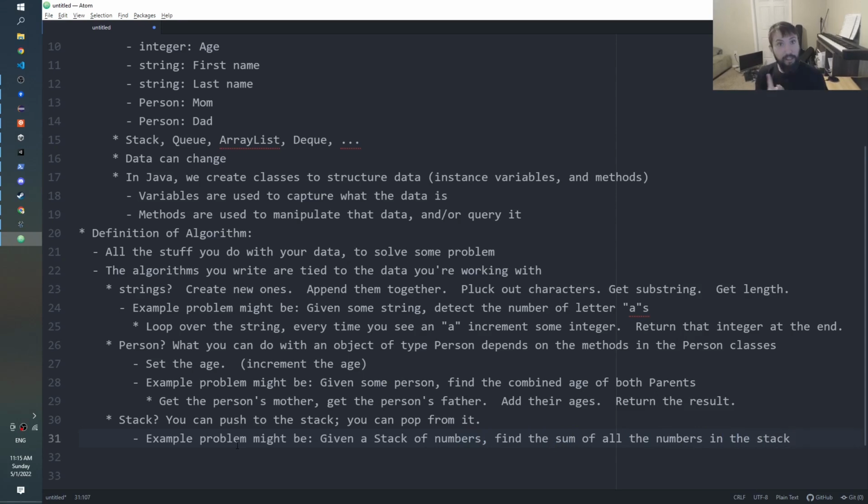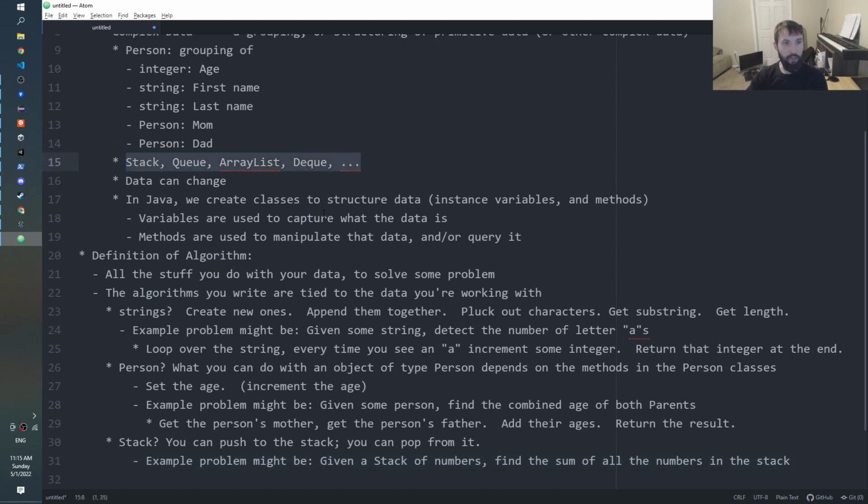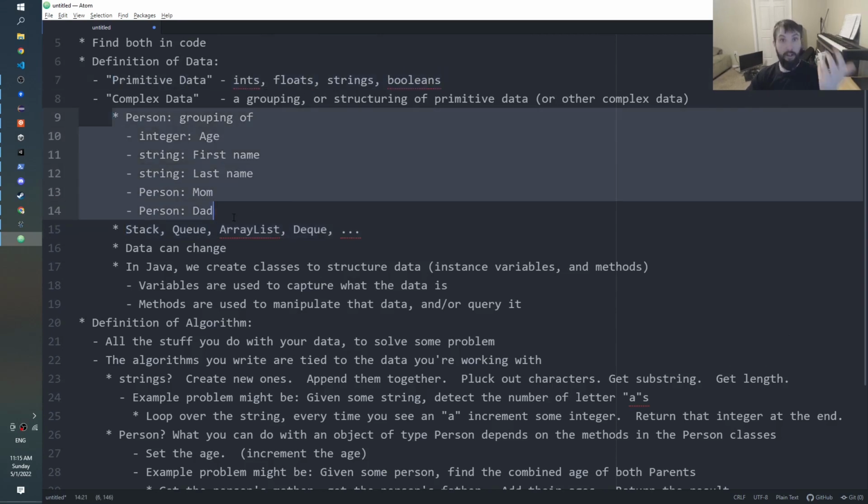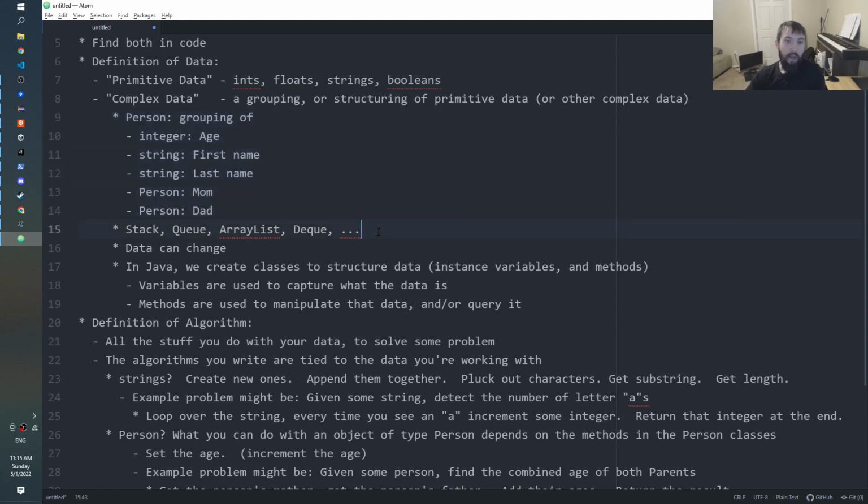And this illustrates something very interesting about these data structures here. Let's go back up. So we have primitive data, we define that. You can define your own complicated data like person. And then there are these other data structures that other people have defined, other programmers, those who came before us. They defined these data structures, and these have a particular name.